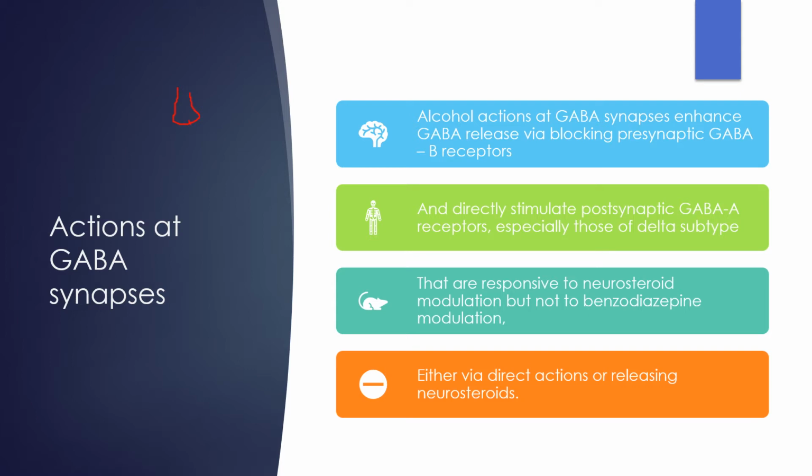This is a GABA synapse, and there are these presynaptic GABA-B receptors, and alcohol directly stimulates the postsynaptic membrane, where there are the GABA-A receptors, especially those of the delta subtype, that are responsive to neurosteroid modulation but not to benzodiazepine modulation, either via direct actions or by releasing neurosteroids.